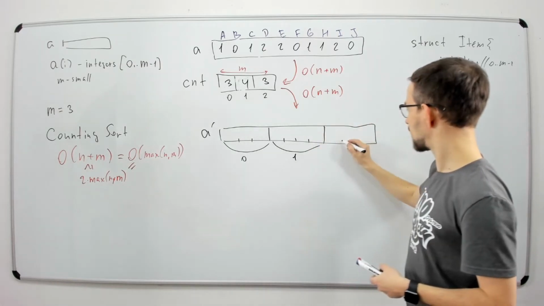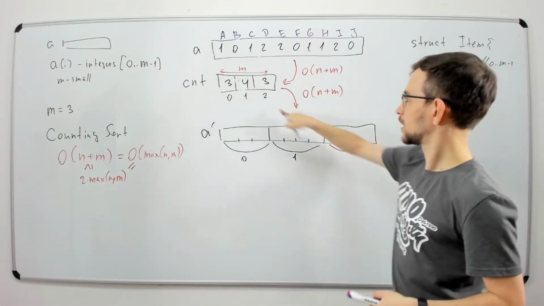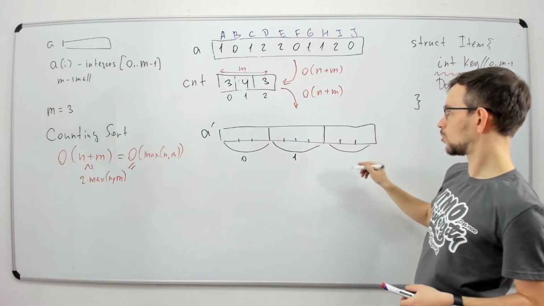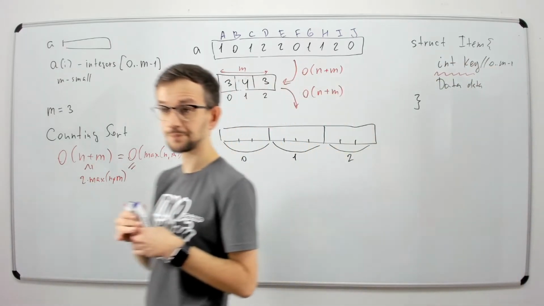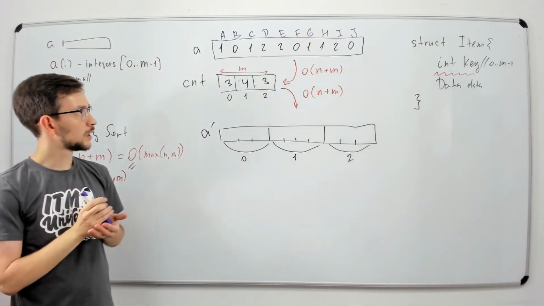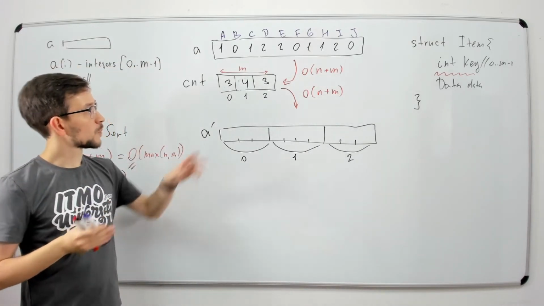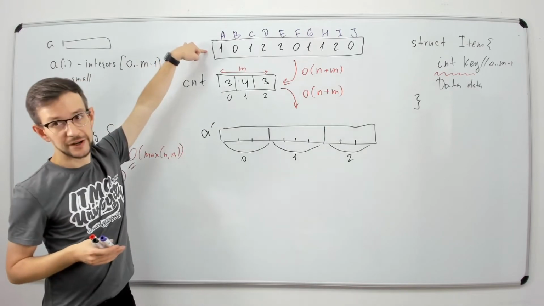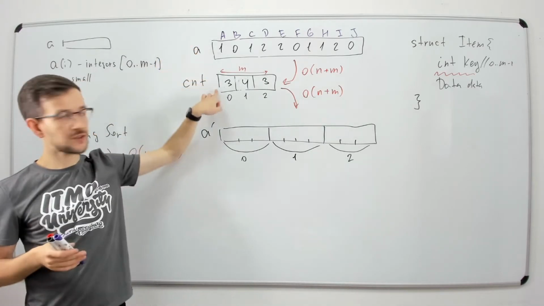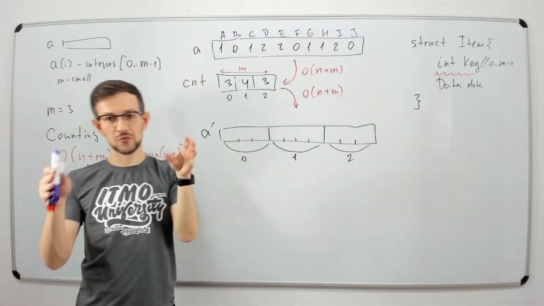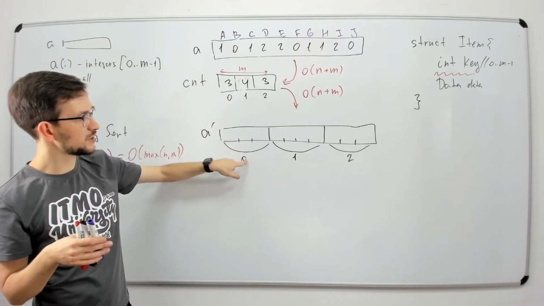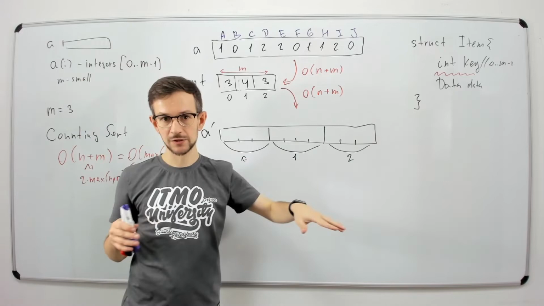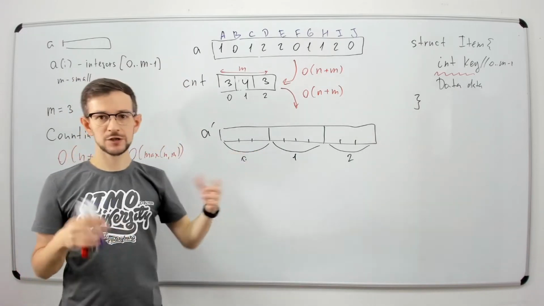And we have the final segment of size 3, and here we'll put all elements with key equal to 2. So again, we had this array. We calculated the number of elements with each value of the key, and now we just create this array and split it into 3 segments. And each segment is used as a bucket.